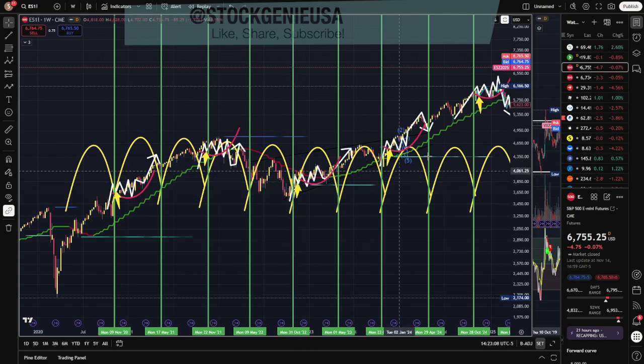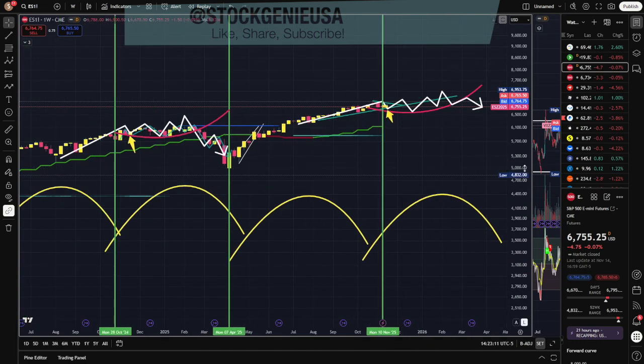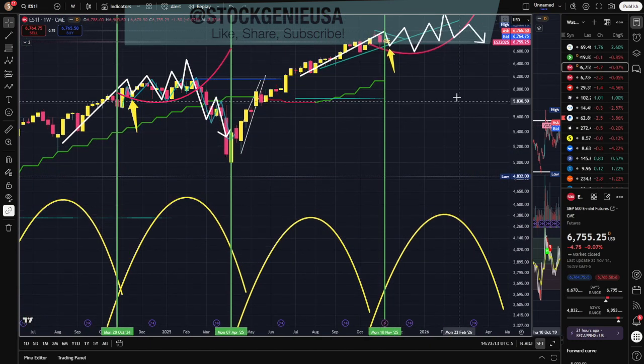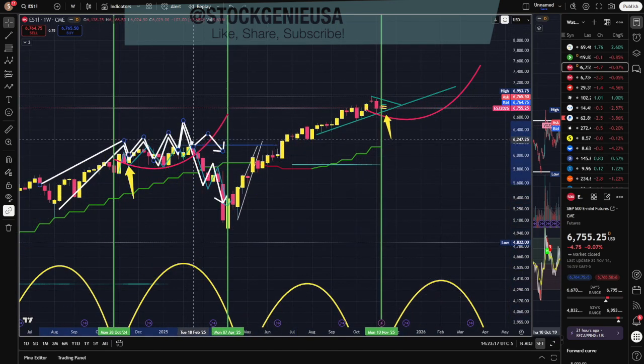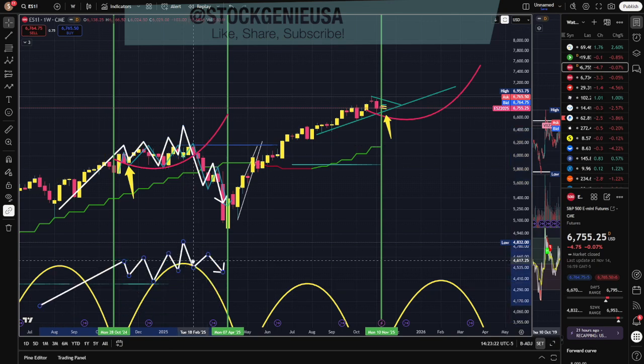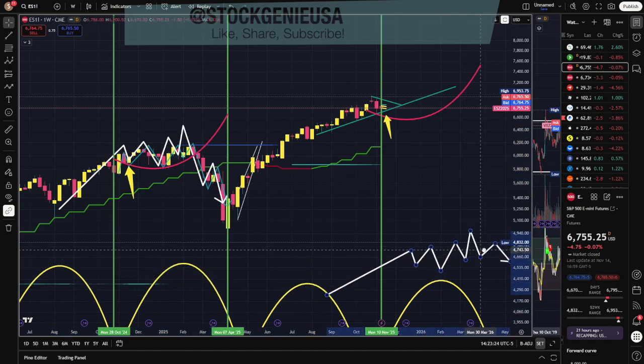So let's say right now, if we have this sort of replicated pattern that we expect to see, there's a close-up of it, right, that we expect to see at one of these cycle tops.